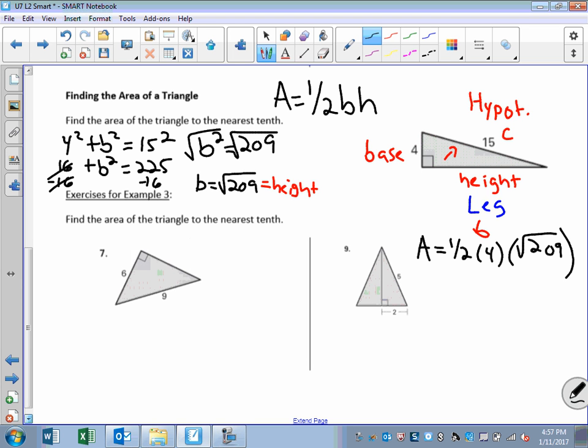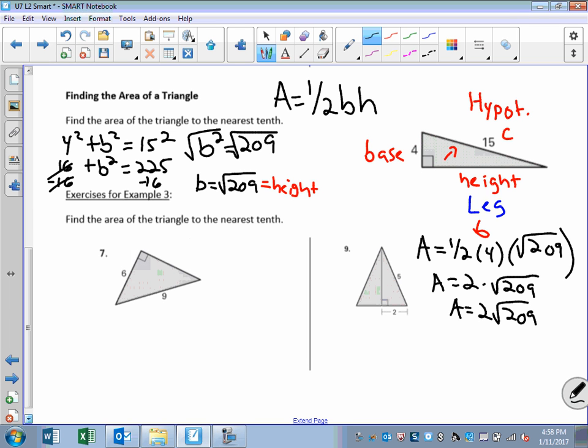That's easy. So 1/2 of 4 is 2. So you got 2 times the radical 209. And when you multiply a number times a radical, the whole number just goes on the outside. So the area is 2 radical 209.